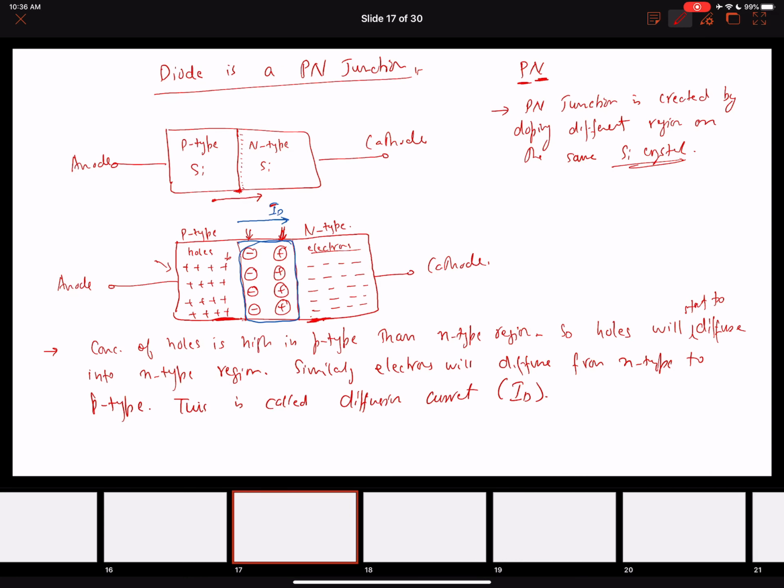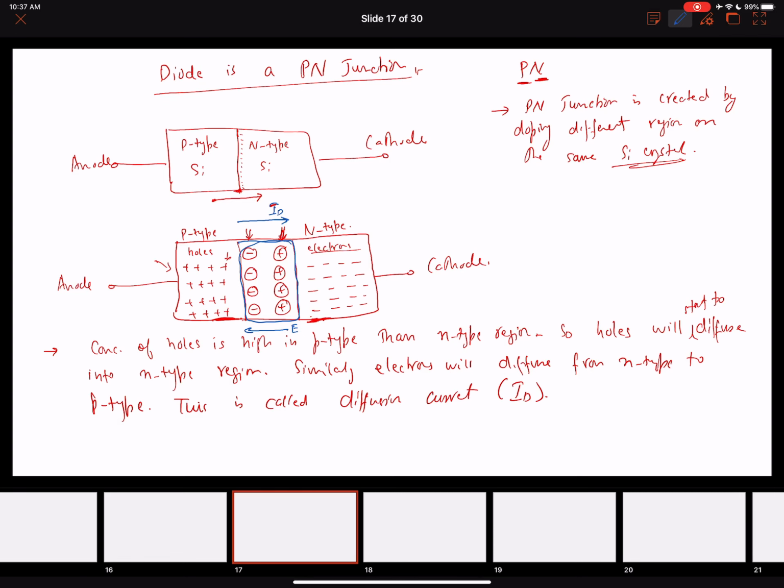Now, from here you can see that we have an electric field that exists in this direction because of this region. This region is known as a depletion region, a barrier region. This is also known as a barrier potential. For any further conduction, this will stop it, and in order for any conduction to occur, we need to overcome this barrier potential.